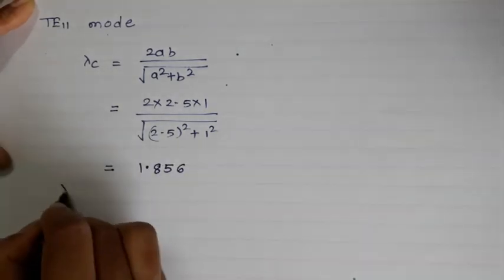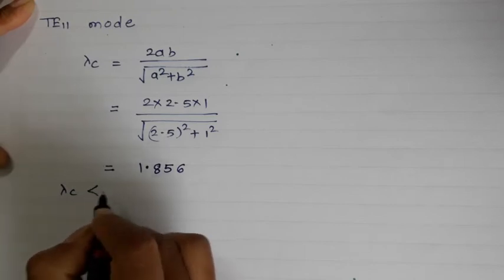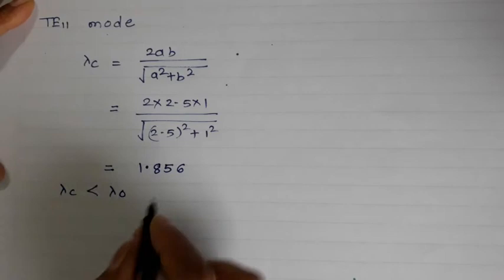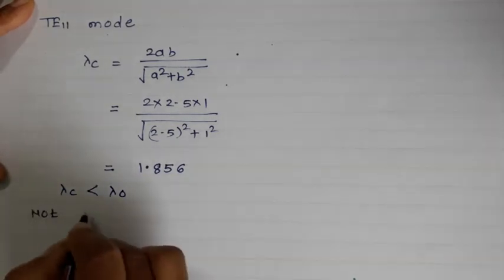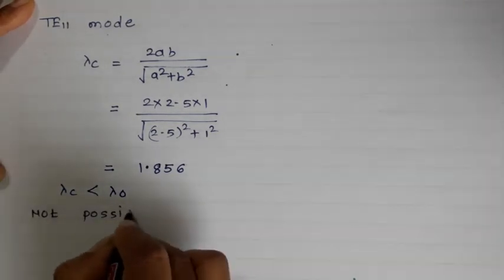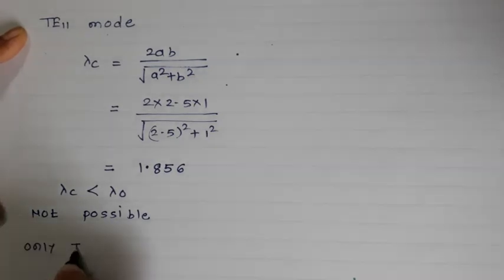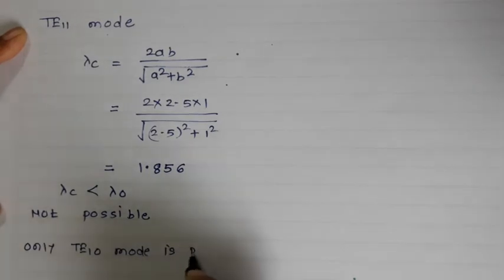So my lambda c is less than lambda 0, because our lambda 0 is 3.488. So propagation is not possible for this mode. So only the TE10 mode is possible.